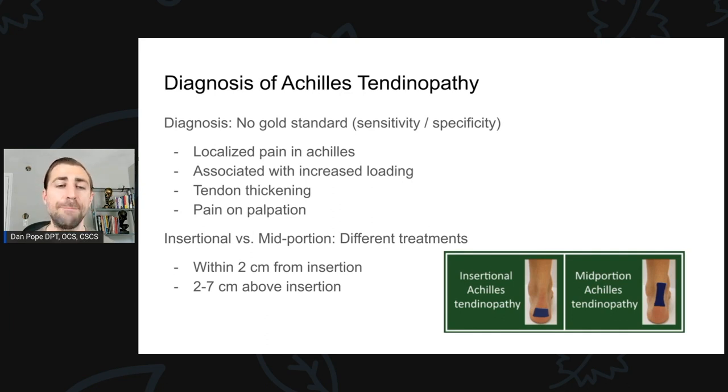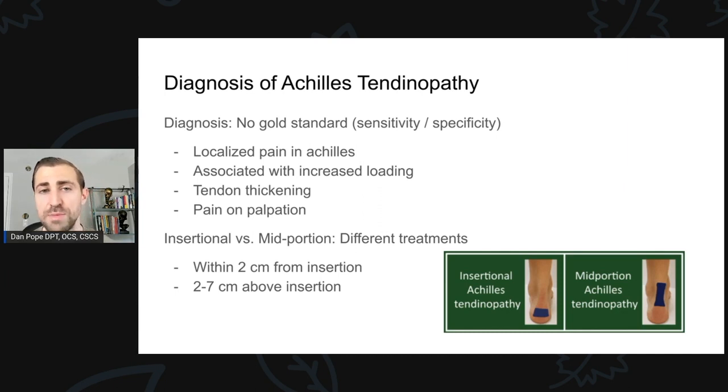So this is important because the theory is that in an insertional Achilles tendinopathy, when I go into end-range dorsiflexion, I am stretching the Achilles tendon against the calcaneus, right? And we have limited research to show that when you're trying to get better from insertional Achilles tendinopathy, patients tend to do better with a calf raise program where you start at neutral or on a floor, as opposed to doing a calf raise off a step when you go into end-range dorsiflexion.